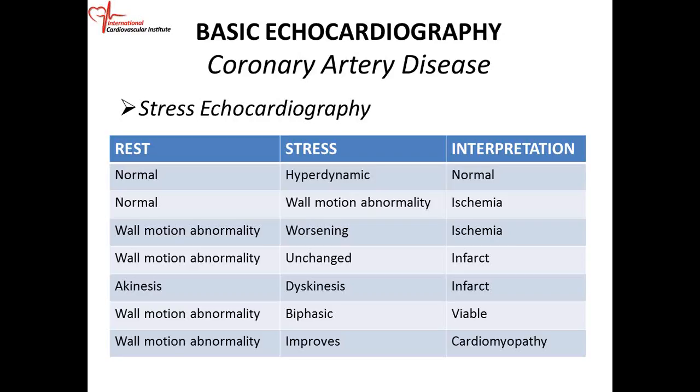The reason why we do so many images in the dobutamine is because we can use our dobutamine stress echo to determine viability. And when we talk about viability, it's essentially the same thing as it sounds. We're looking for viable muscle.